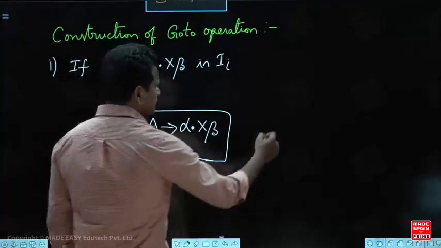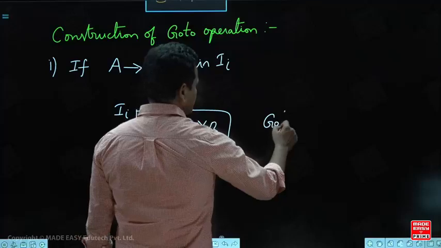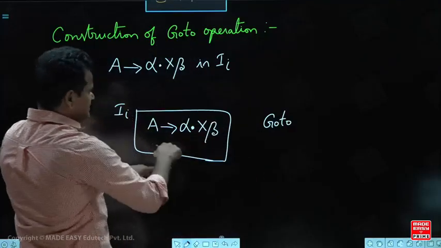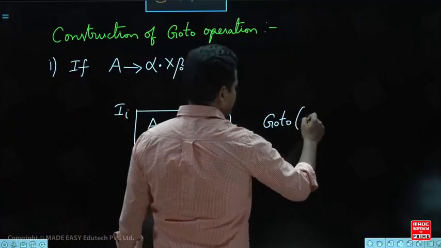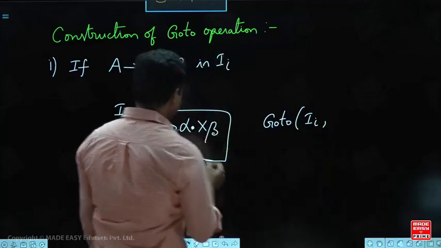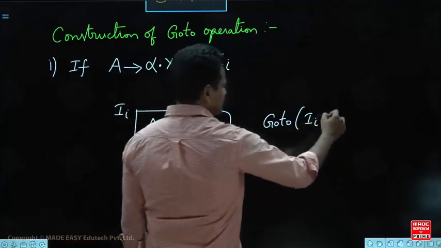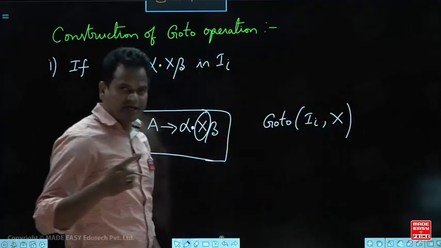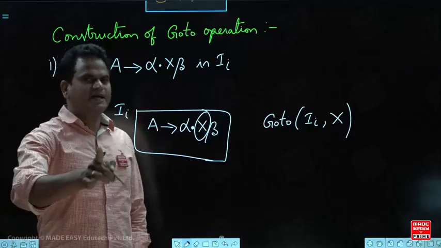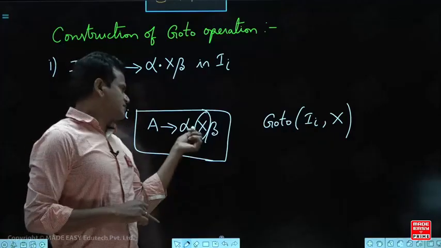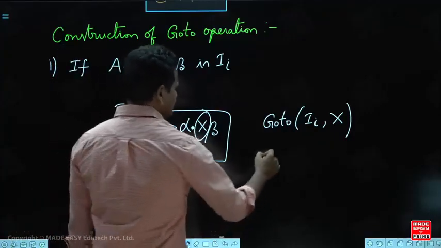What is the meaning of goto? The name of the state is I, and the shift symbol is X. So we write the goto for every shift symbol.